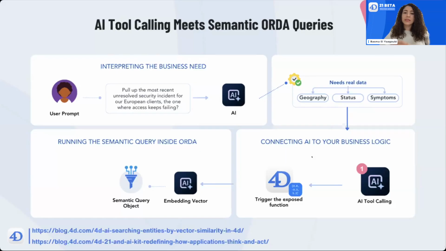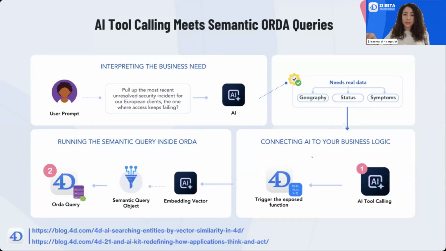The model then creates an embedding from the prompt. Thanks to this vector, you build a semantic query object that carries the meaning of the request. That object is then placed directly into your ORDA query along with your traditional filters.